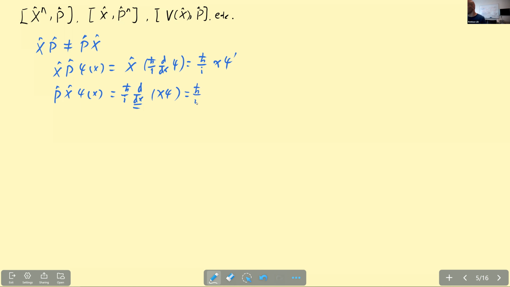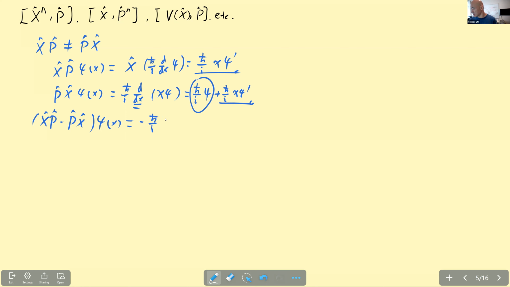So the first term will be just h bar over i psi, if you apply the differential just on x. Or you have another term, h bar over i x psi prime. So you can see this term and this term are equal, but you have an extra term. So if we do the difference, these two terms cancel, but you have an extra term, that's minus h bar over i psi.